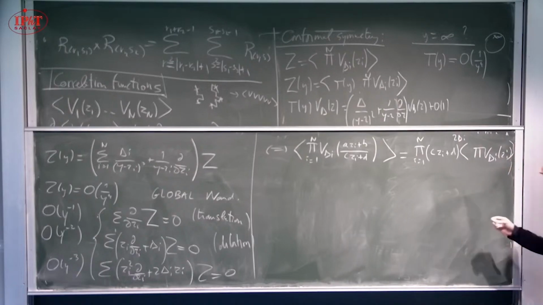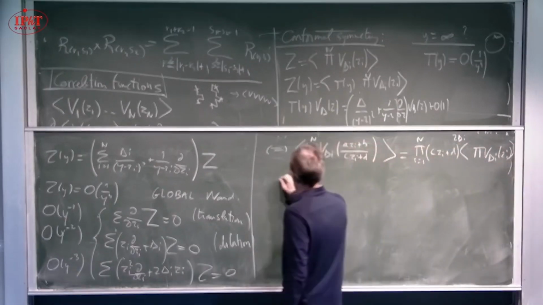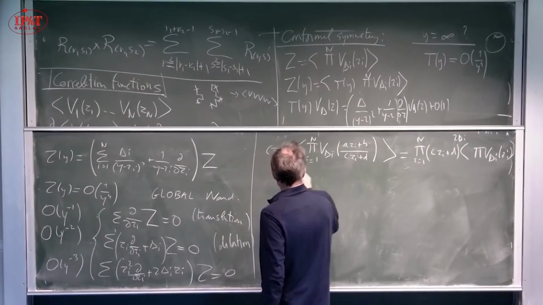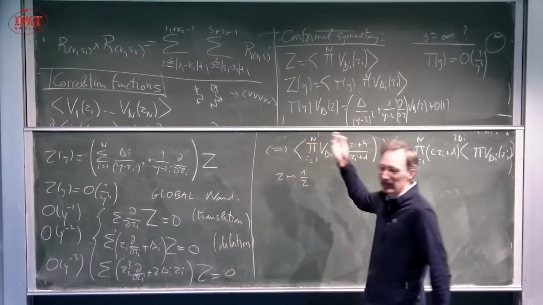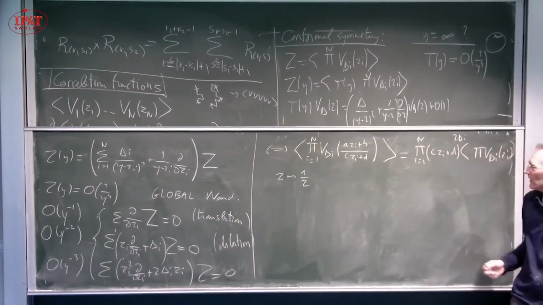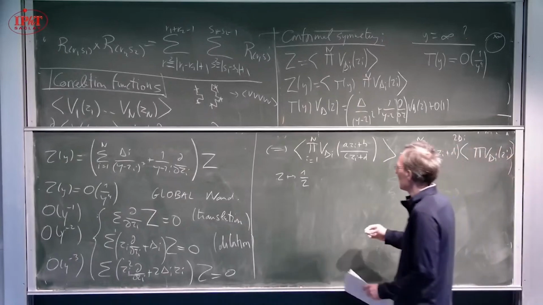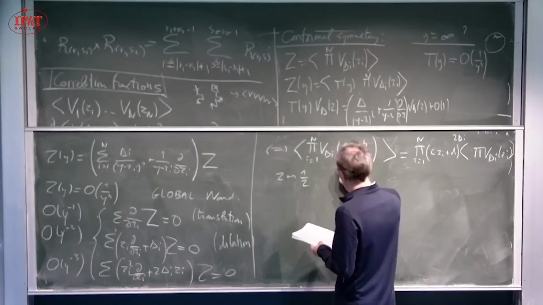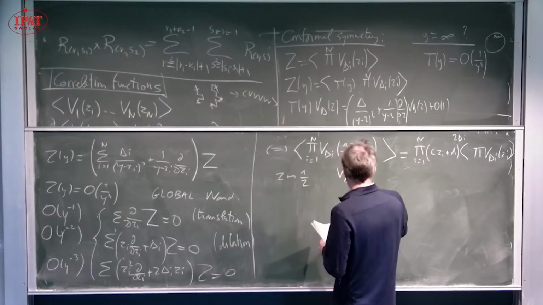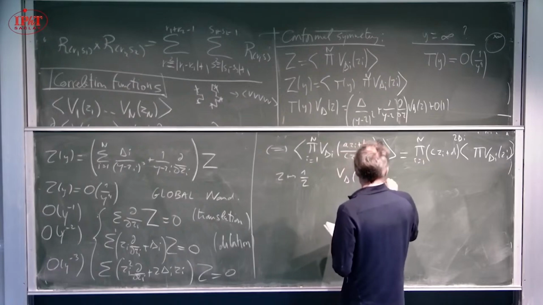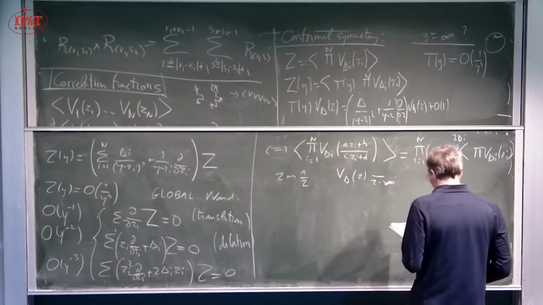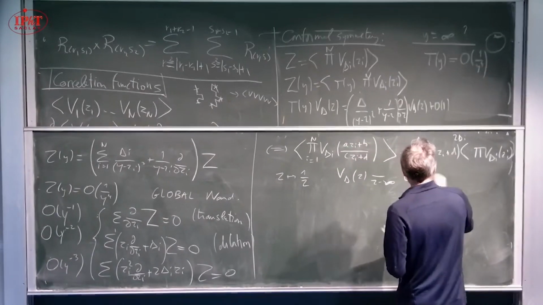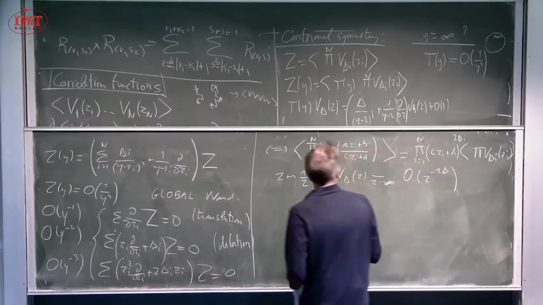Okay, so in particular, we can use this type of transformation, maybe z goes to 1 over z, to map the point at infinity to a point at 0. And if you do that, you'll find that any primary field V_delta, when z goes to infinity, has to be of order z to the minus 2 delta.